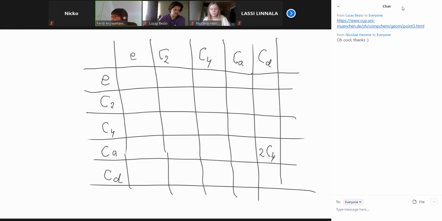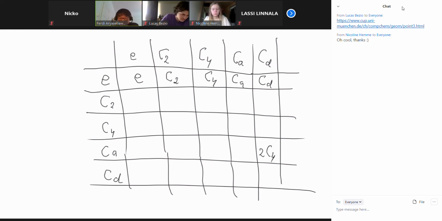It's quite straightforward. So this becomes just E times C2. So let's see, this should be then E, C2, C4, CA, CD, of course, because it's just E, the unit element. And then we have C2.